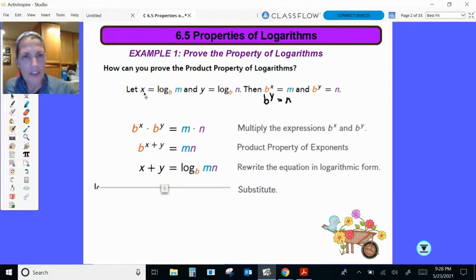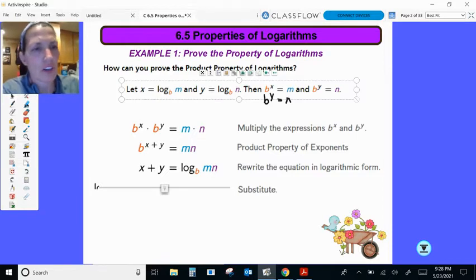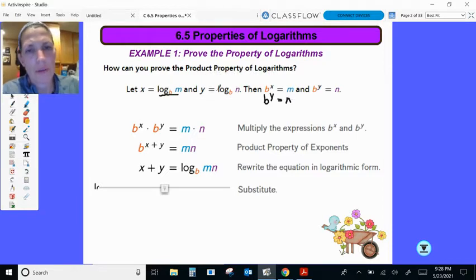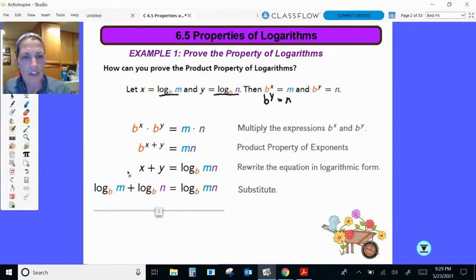Well, up here, x equals log base b of m and y equals log base b of n. And so therefore we're going to substitute that back in for x and y. So we have log base b of m plus log base b of n equals log base b of m times n. And this is a logarithm property, okay?